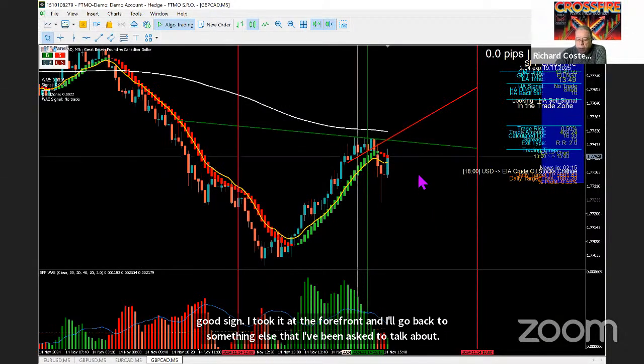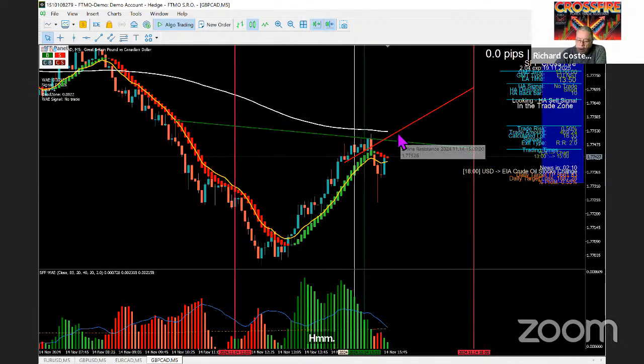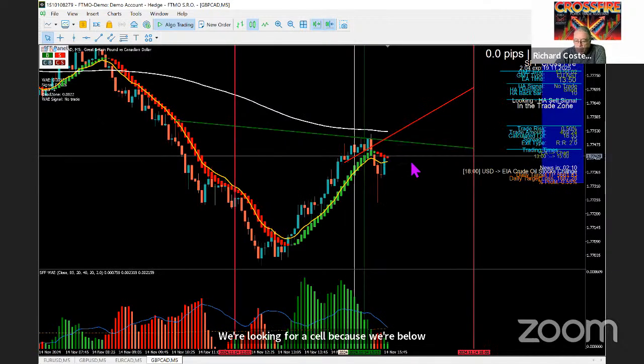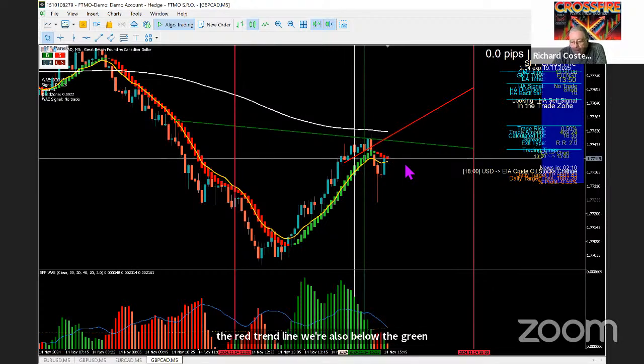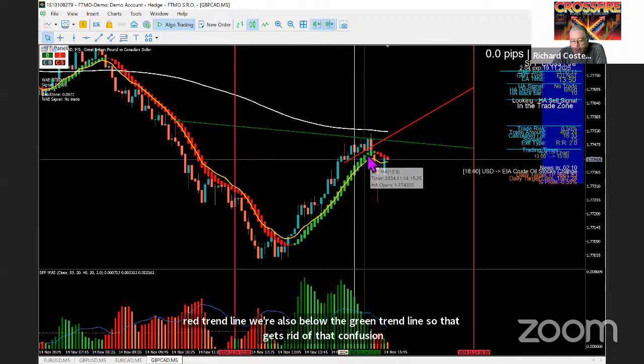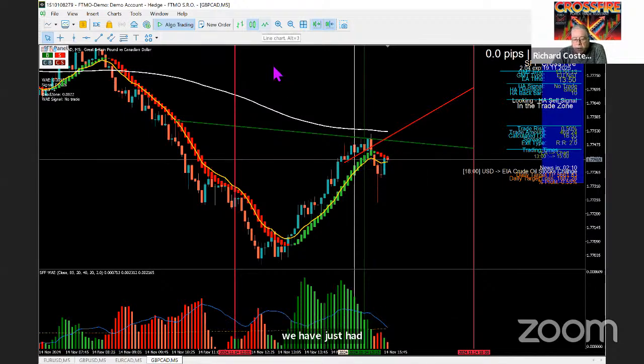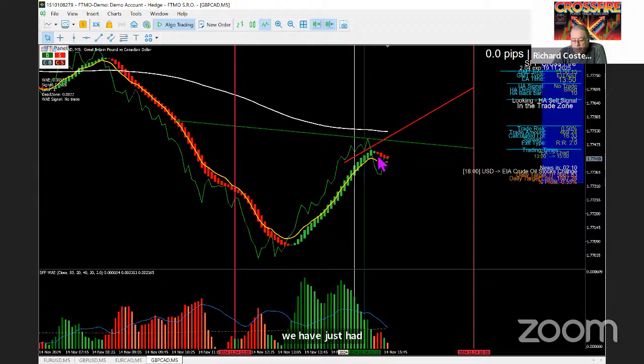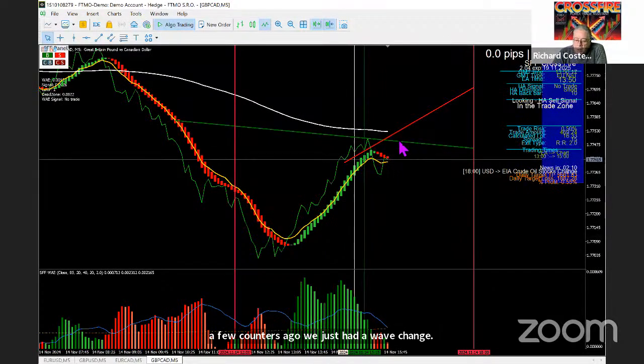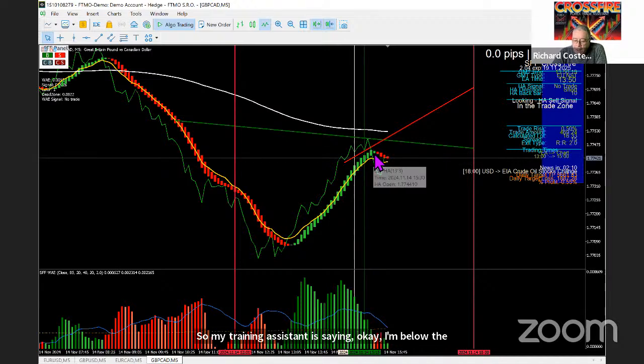So we're looking for a sell because we're below the red trend line. We're also below the green trend line, so that gets rid of that confusion. We have just had, a few candles ago, a wave change. So my trading assistant is saying, okay, I'm below the red trend line and I've just had a change of direction of wave.